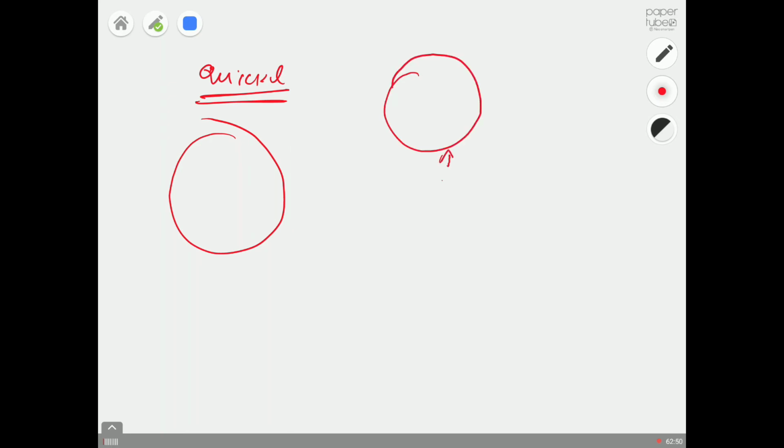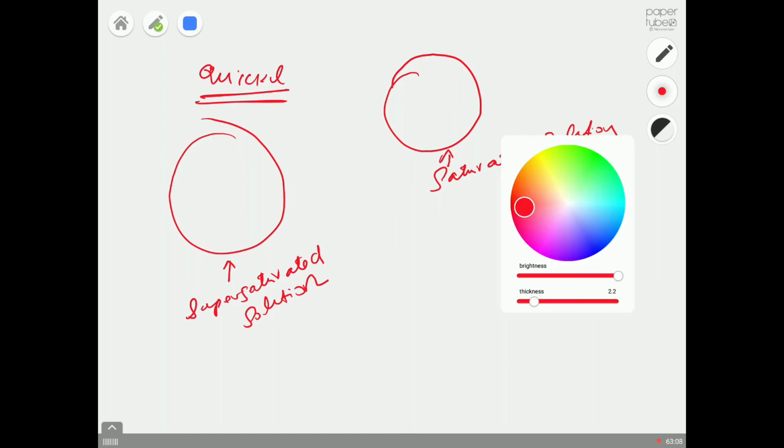So this is your saturated solution. So this is your supersaturated solution. Let me choose some color. So these are your solute compounds.